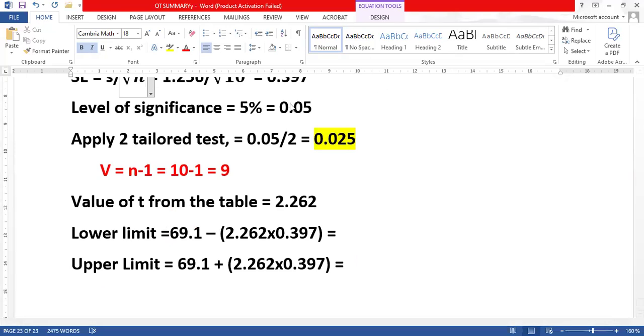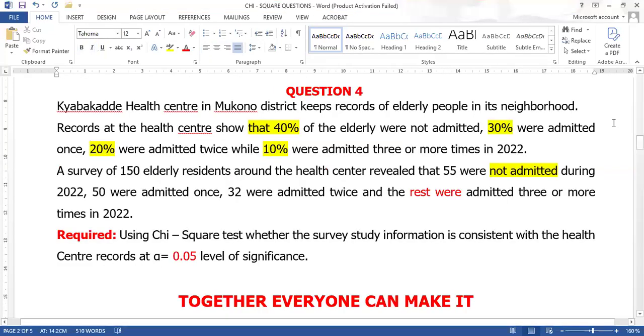Okay, so that's all with the t-test and the z-test. But that doesn't mean that we are done with this part. We still have a lot to discuss.